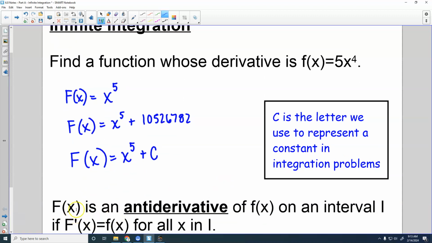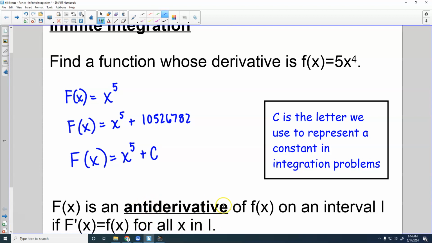And you just see a note about that notation here. Capital F of x is an antiderivative of f on an interval I if F prime of x equals f of x for all x in I. So that capital F is being used as the antiderivative.